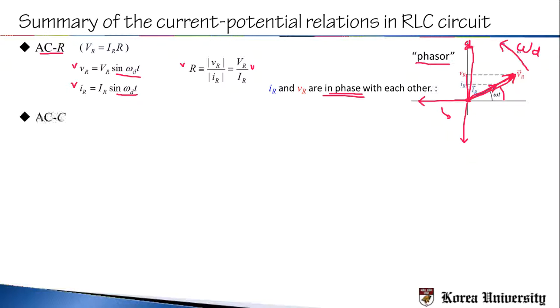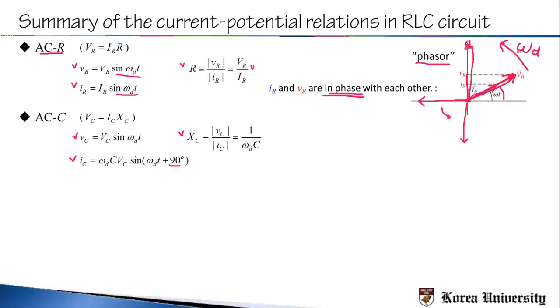How about the case of the AC with capacitor? We learned that the potential in the capacitor and the current in the capacitor differ in angle by 90 degrees, and the angle is 90 degrees larger for the current, right?